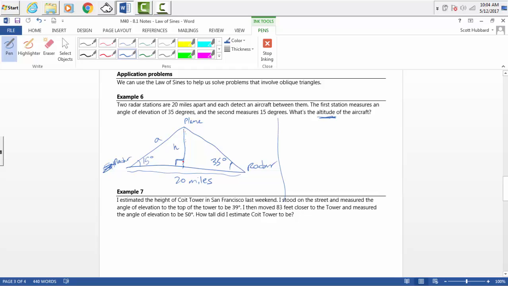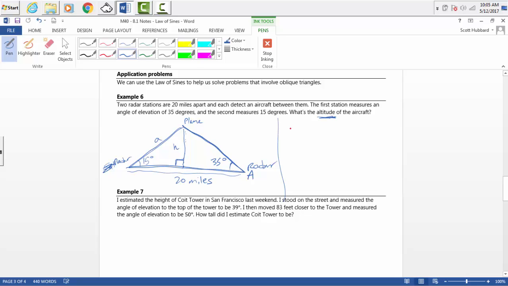To do that, call this big angle A. In the bigger triangle out here, I don't really have a right triangle. This is an oblique triangle, so I'm going to use the law of sines.